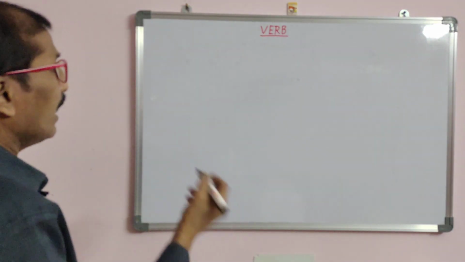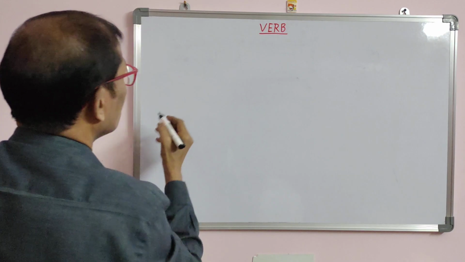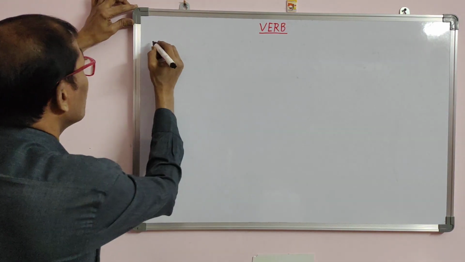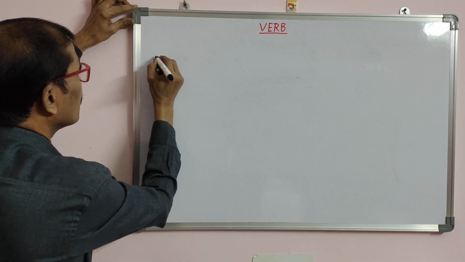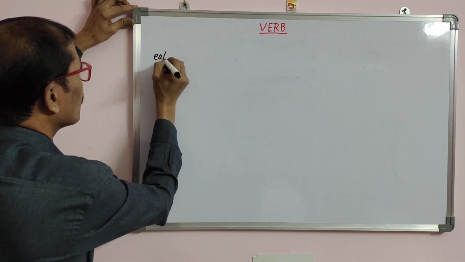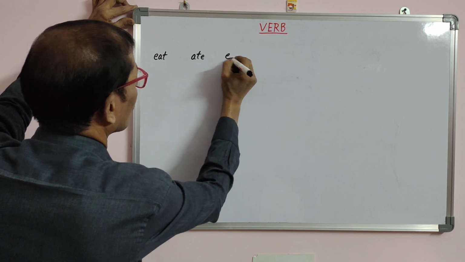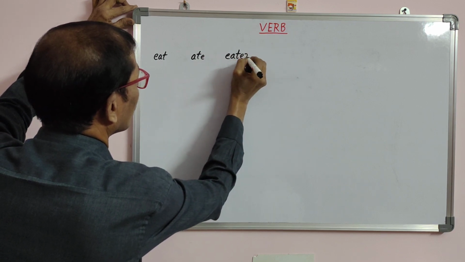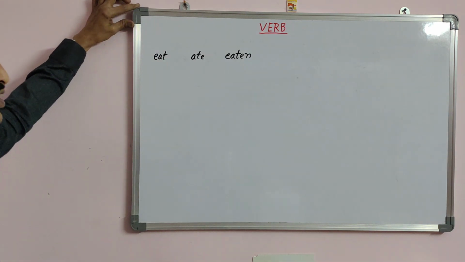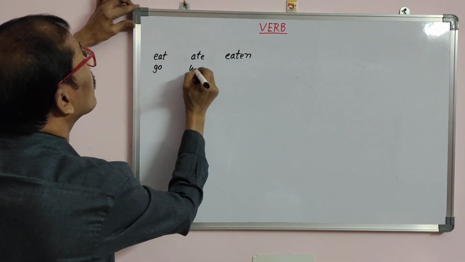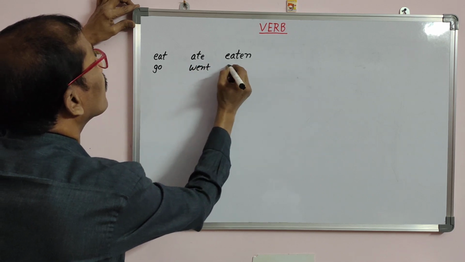Now I think most of you know the three forms of the verb. Eat, ate, eaten. Go, went, gone.